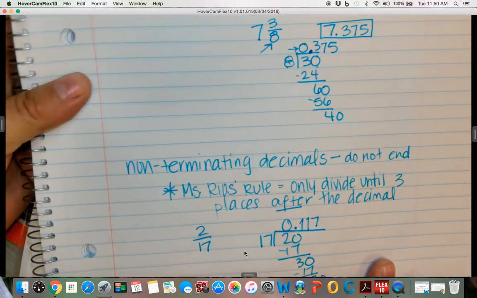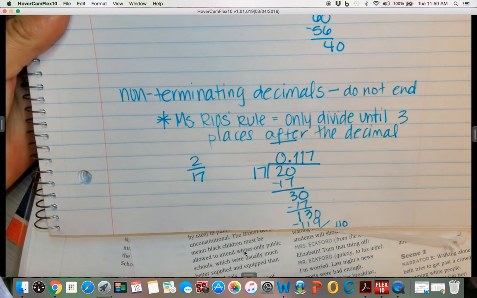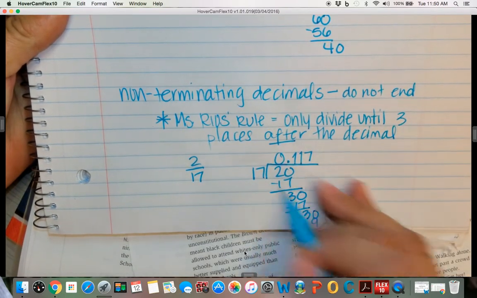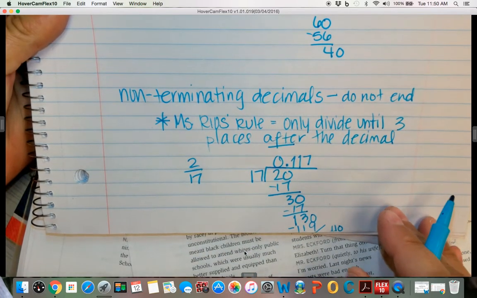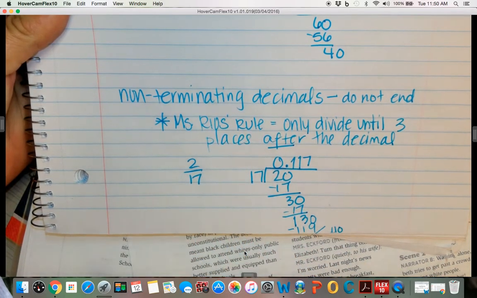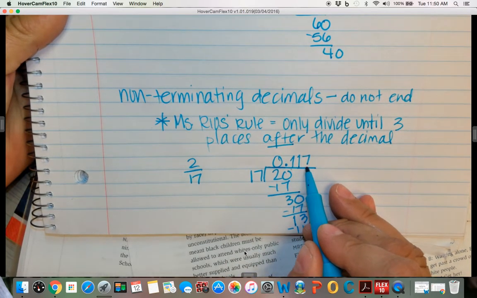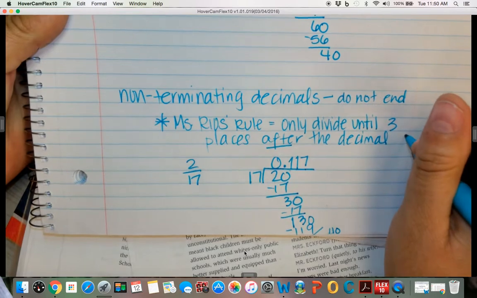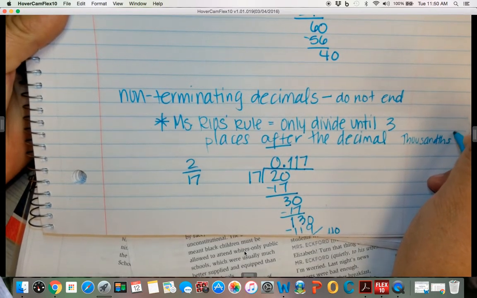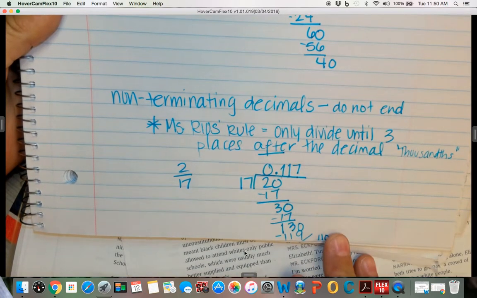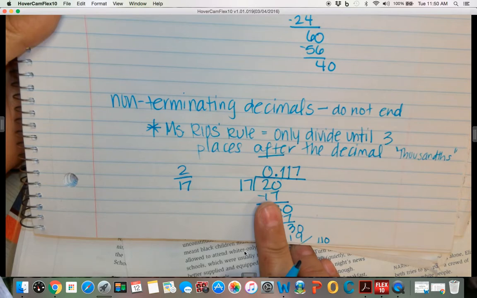Oh, you guys can't see my work. I have 111 left over. I can obviously still keep dividing, but I'm not going to put myself through all of that because it's going to continue. So I'm just going to stop 3 places after the decimal, in the thousandths. I don't want to torture myself by dividing and dividing.